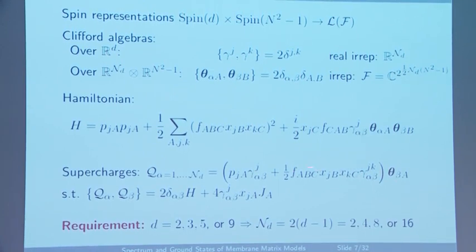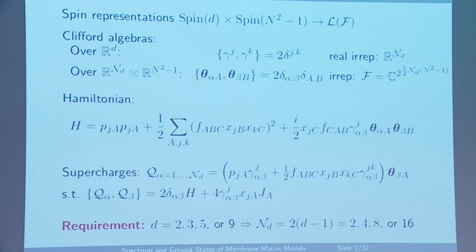And then it turns out that for certain dimensions, these satisfy this supersymmetry algebra: the anticommutator of such supercharges gives you the Hamiltonian, but there will be an additional part here. On the physical Hilbert space, this is just the generators of SU(N), so this piece vanishes. So it closes up to this supersymmetry algebra.